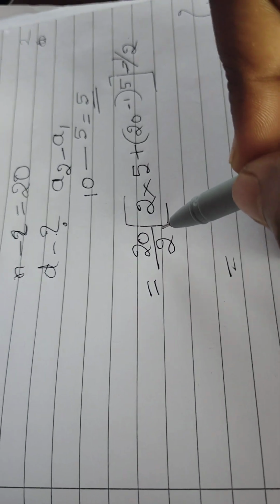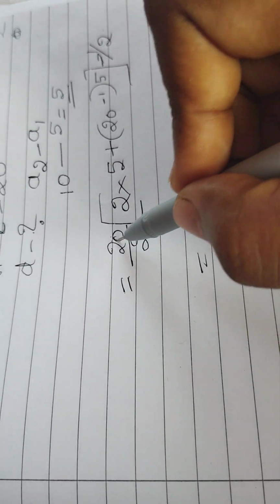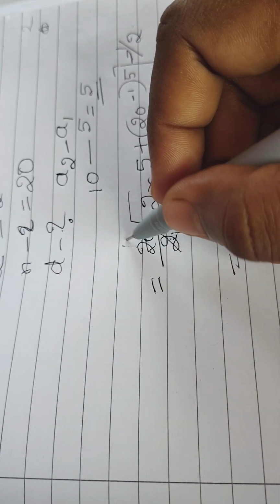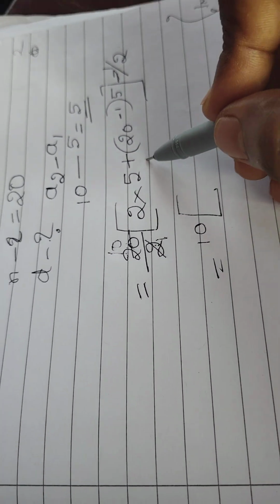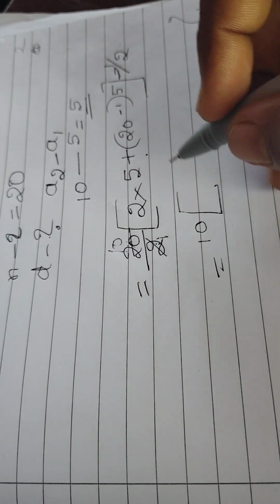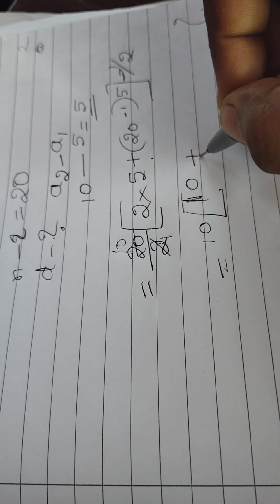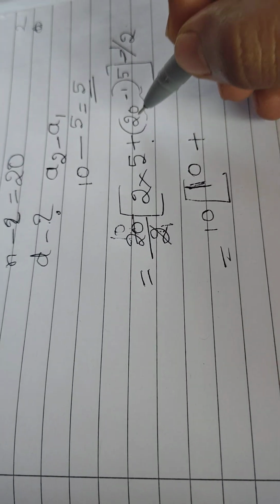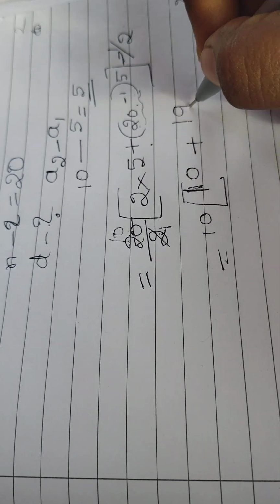Now see, 20 divided by 2 you can simplify, right? 20 and 2 go in the same table: 2 tens are 20, so write 10. And 2 fives is 10. Then plus, inside the bracket you have to check first: 20 minus 1 is 19.